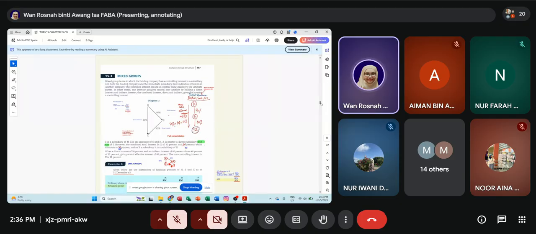This is the mixed group structure, where you have holding, let's say, acquire 80% of subsidiary, whereby subsidiary acquire another company X with 40%, which is direct interest.